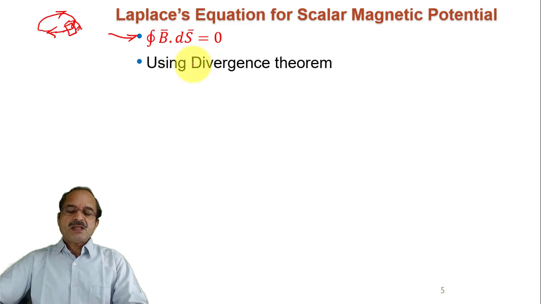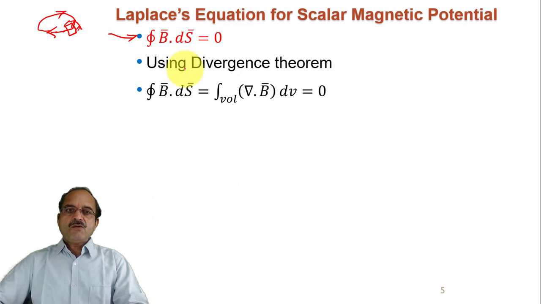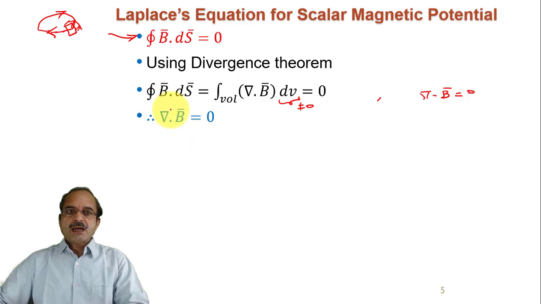Now using divergence theorem, we can convert this surface integral into volume integral. So integral B dot ds equal to volume integral divergence of B dV equal to 0. Now dV is a differential volume which is not equal to 0. So that means del dot B must be 0. That is, divergence of B is equal to 0.